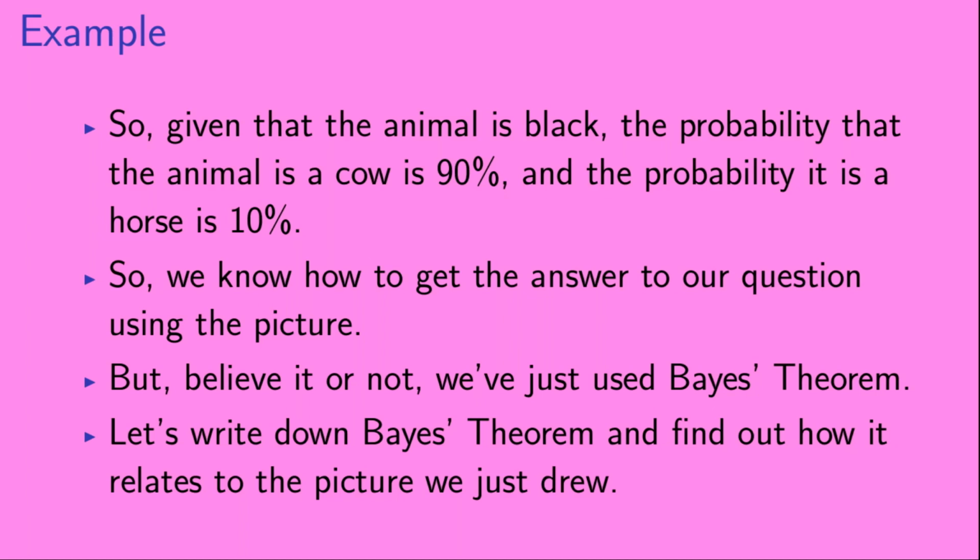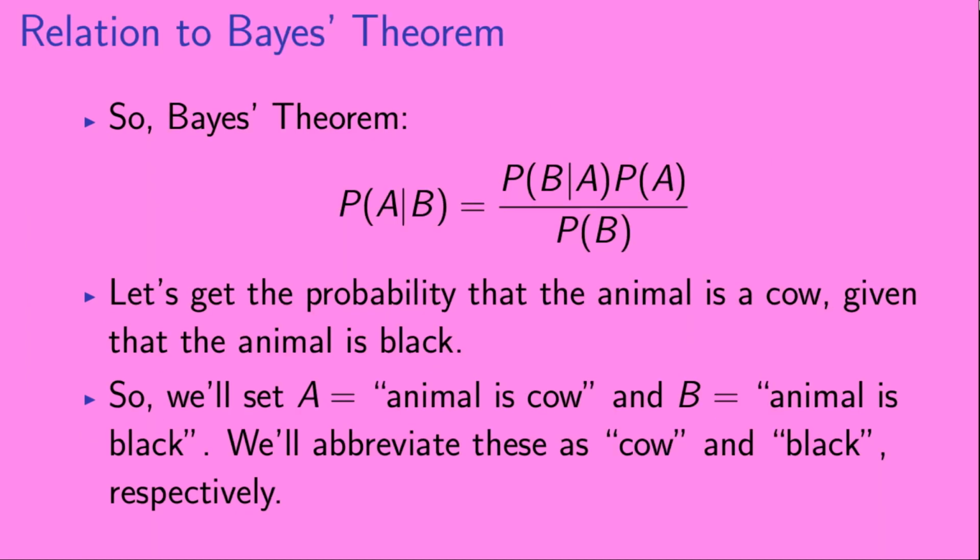Let's write down Bayes' theorem and find out how it relates to the picture we just drew. So, Bayes' theorem is P of A given B equals P of B given A times P of A divided by P of B. So let's get the probability that the animal is a cow given that the animal is black. So we'll set A equal to animal is cow and B equal to animal is black.